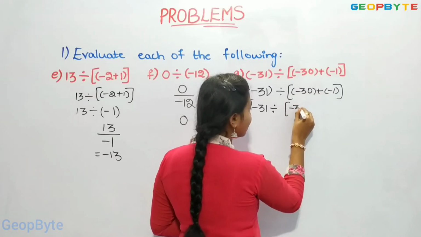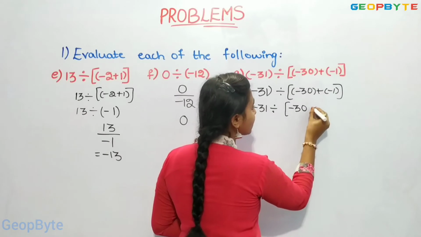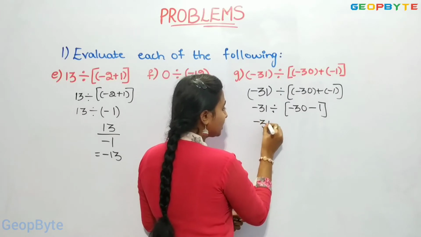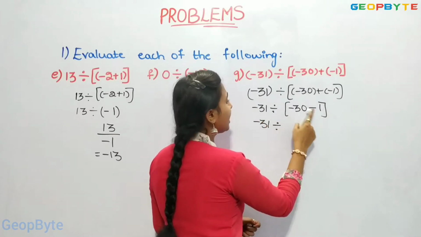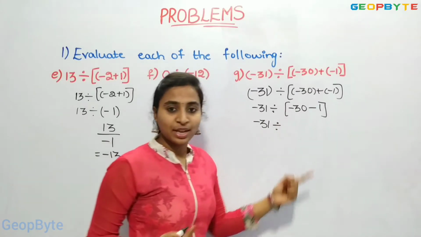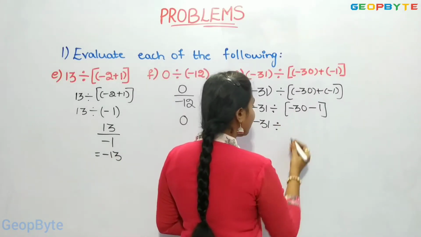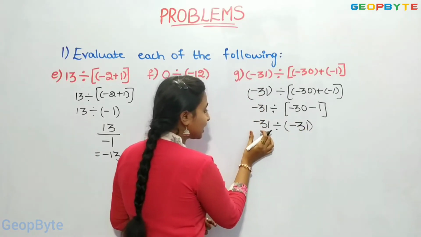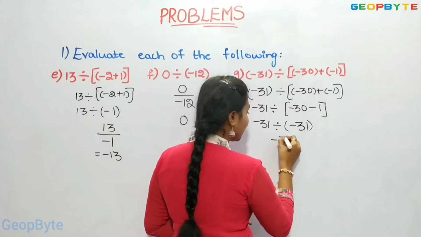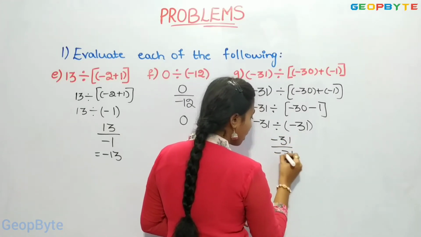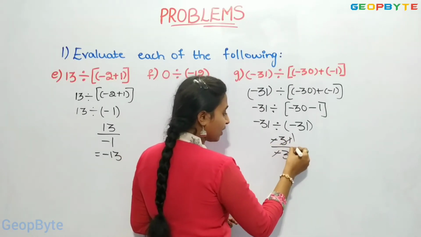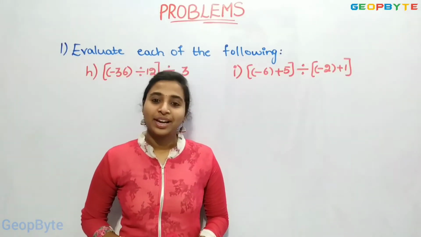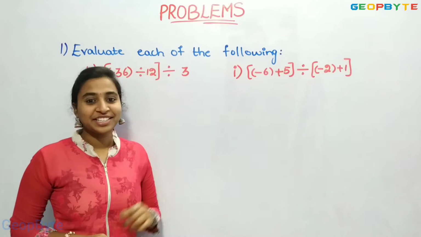That is, write minus 30 as it is, plus into minus 1. Now, minus 31 divided by minus 30 minus 1. Minus into minus is plus, 30 plus 1 is 31. The sign remains minus, 31. Minus 31 divided by minus 31. Minus gets cancelled, 31 gets cancelled. The answer is 1.